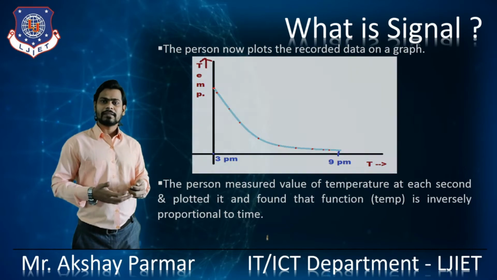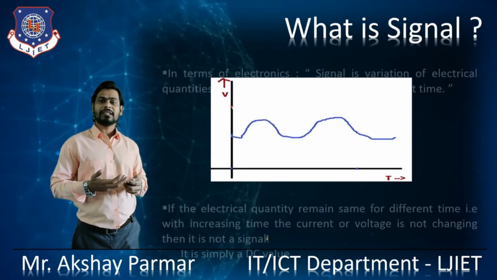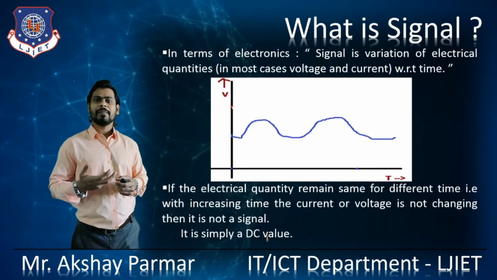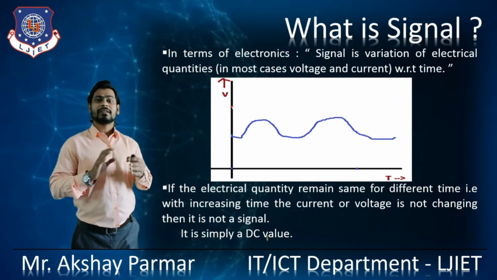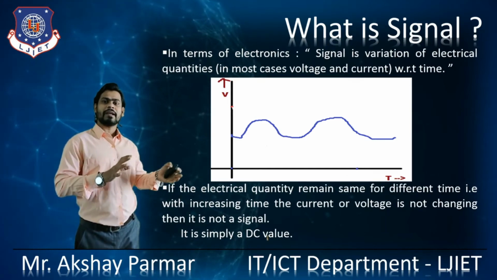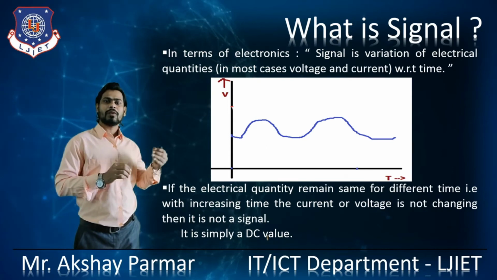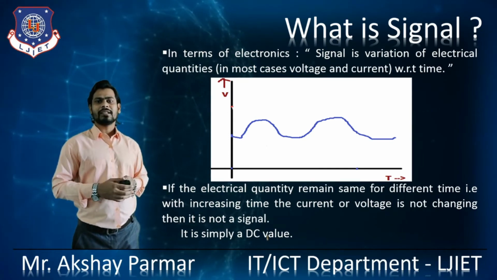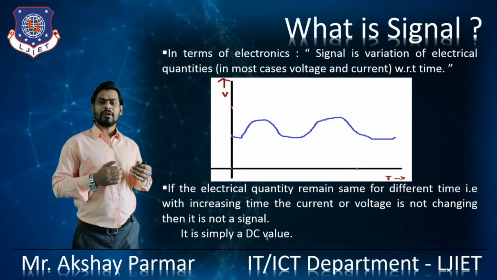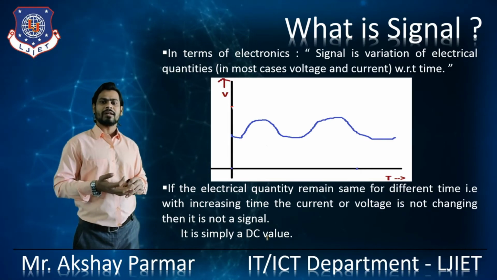In electronics, signals vary a physical quantity with respect to time. The signal is the variation of an electrical quantity with respect to time. In most cases, the electrical quantities are voltage or current.